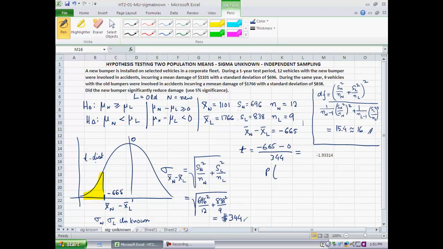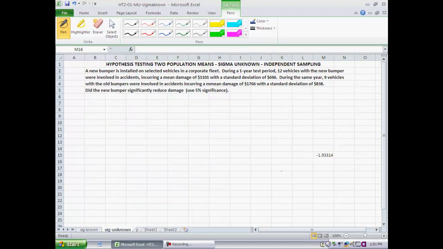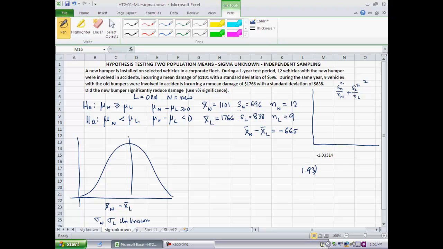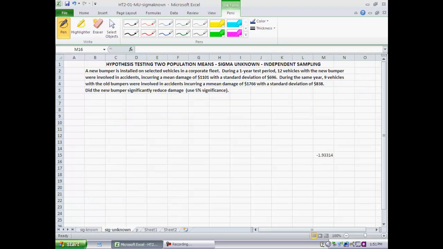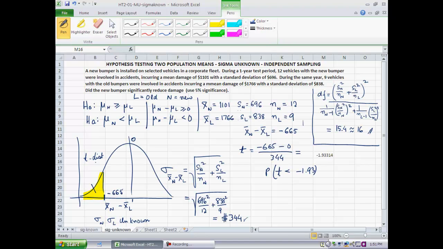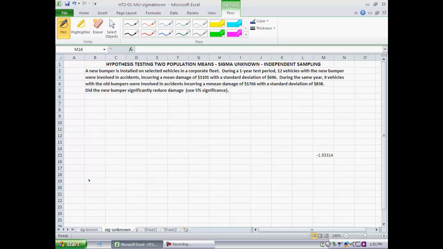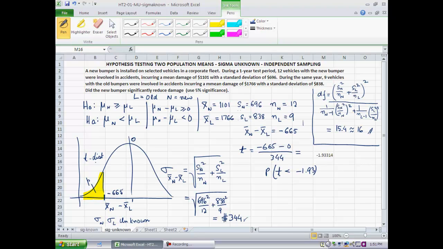That's pretty much a mouthful, but in terms of probability, what this means is I'm looking to compute the probability of t less than minus 1.93. That's the yellow shaded area that you see on the left hand side of the t distribution. This is what I'm about to compute. Okay, so you know that in order to do that, the built-in Excel function that I would have to use is the t distribution, T.DIST, and I have to give it an input of 1.93.